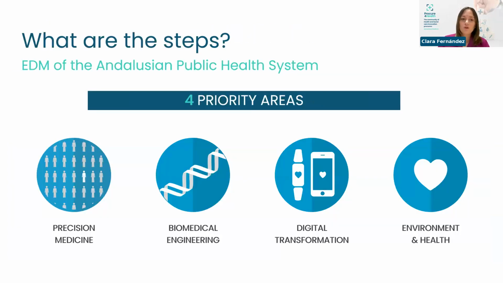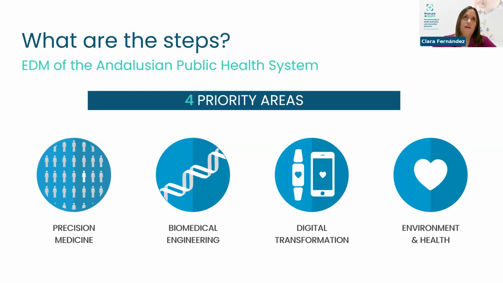Okay, now, what are the steps to carry out an early demand map, or at least the steps we are taking to develop the early demand map of the Andalusian public health system? Well, first of all, I wanted to mention our 4 priority areas that are precision medicine, biomedical engineering, digital transformation, and environmental health.